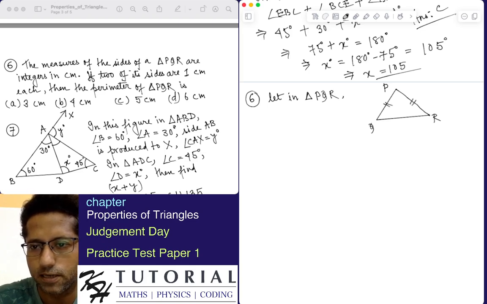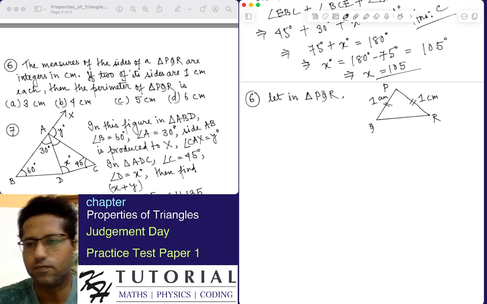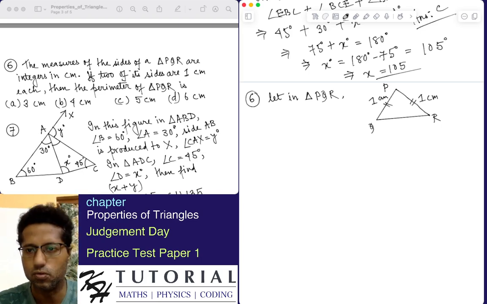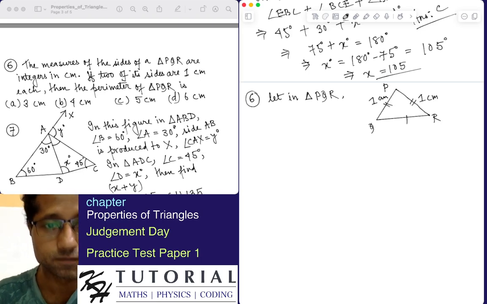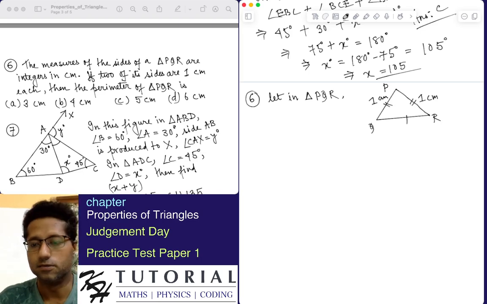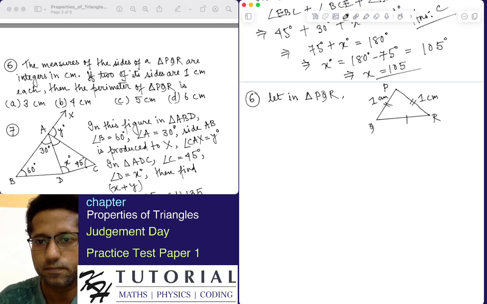These are the two equal sides, of 1 centimeter length. So we have to find RQ. It is given that the measures of the sides of triangle PQR are integers. So we have PQ equals PR equals 1 centimeter.